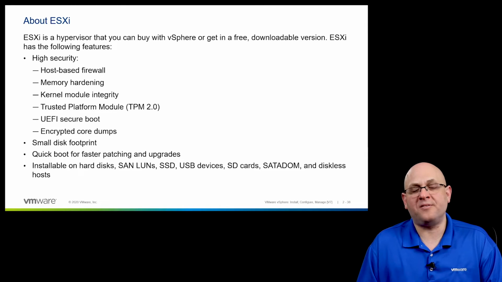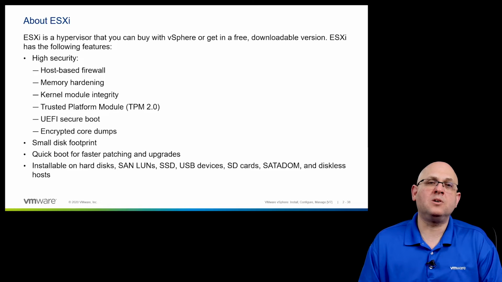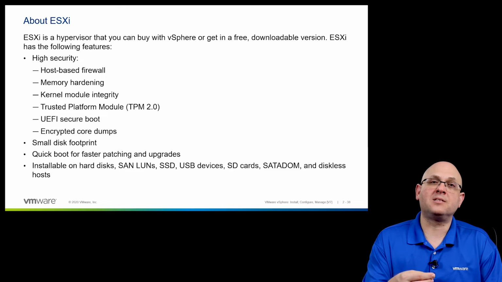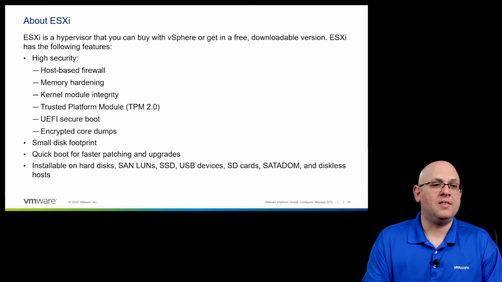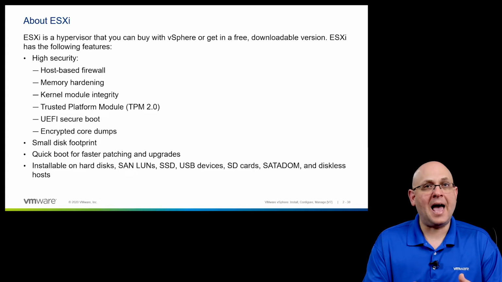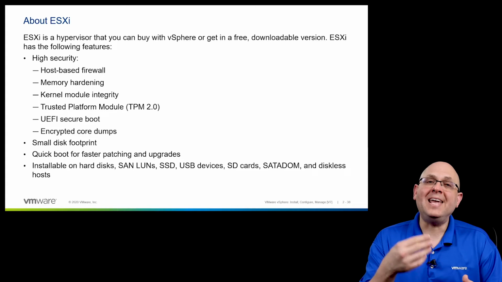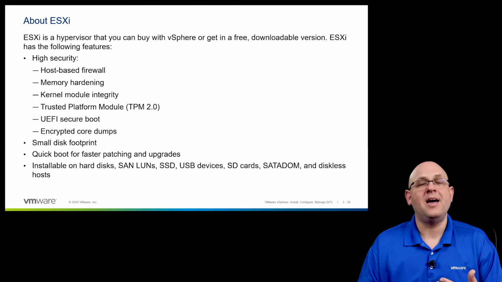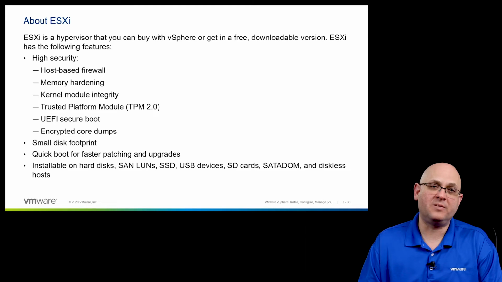Now, we also support the physical Trusted Platform Module 2.0, along with UEFI Secure Boot. And what these two systems do is to chain a set of certificates that ensure that not only does the physical firmware attest that ESXi has not been compromised, but then each of the modules that continue to load in the bootloader for ESXi have also not been compromised and are intact as they came from vSphere.